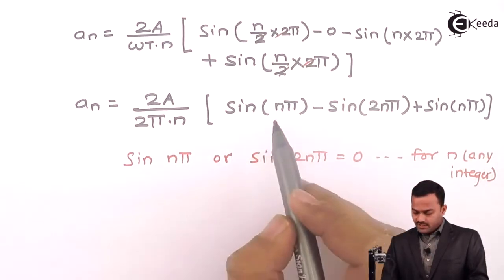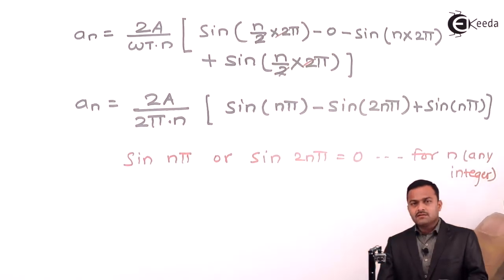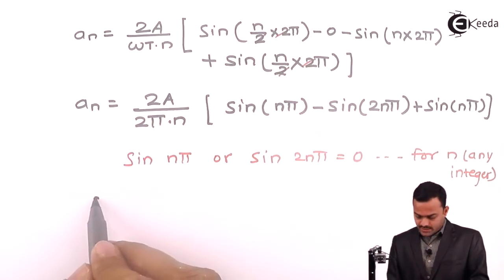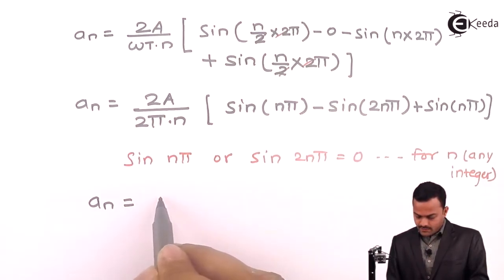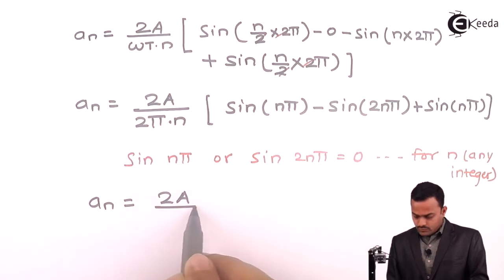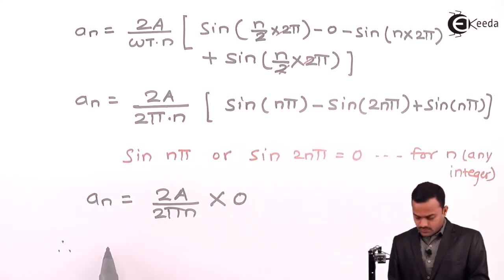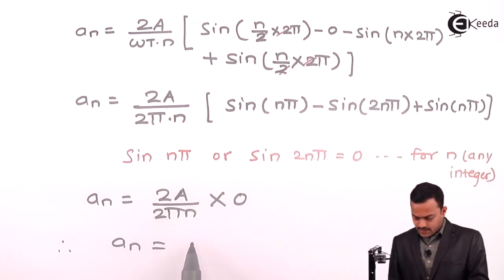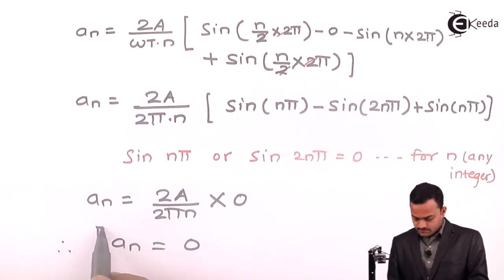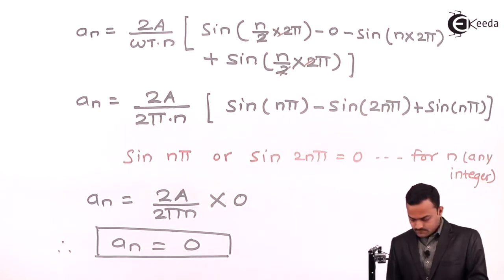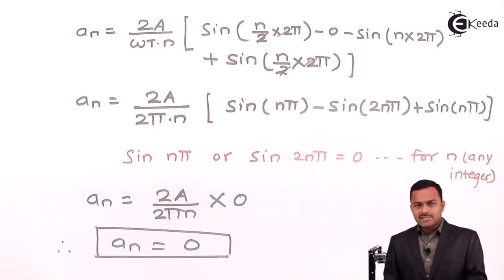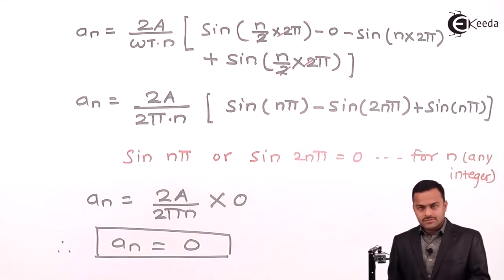So all these terms will be 0. So in the end I can say an will be 2A upon 2 pi n multiplied by 0. So an also we will get as 0. So we got a0 as 0, an also 0.